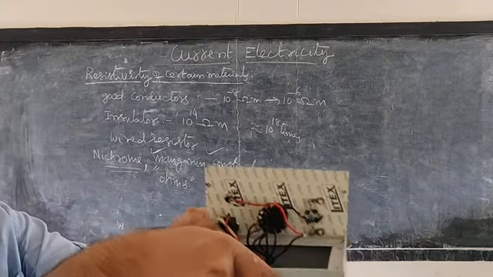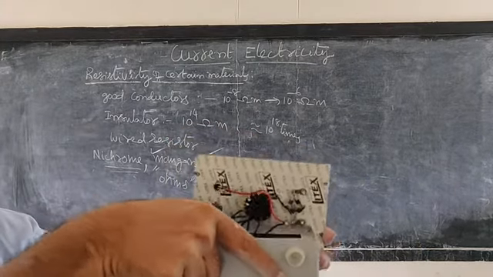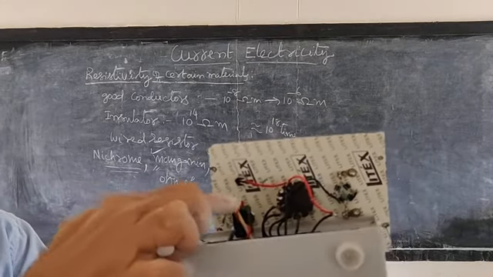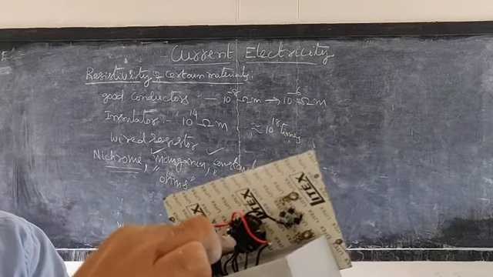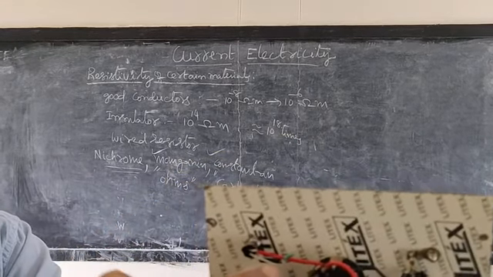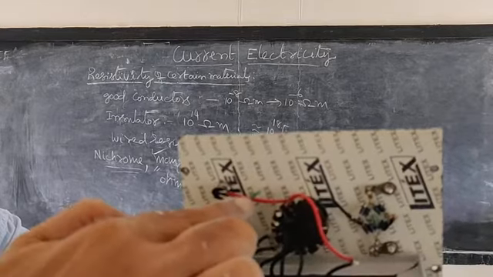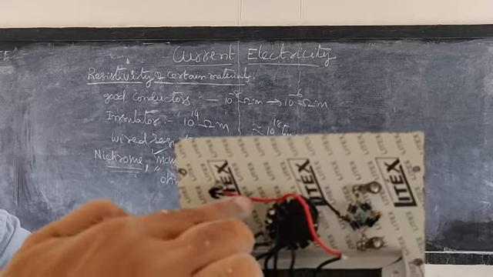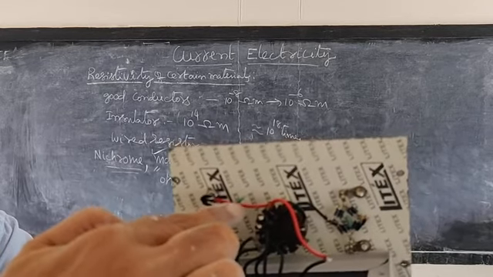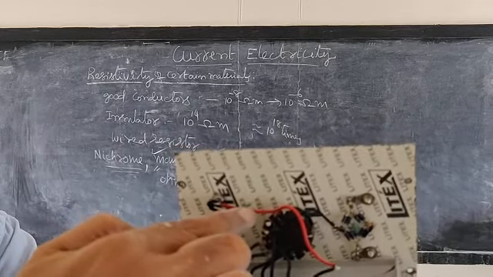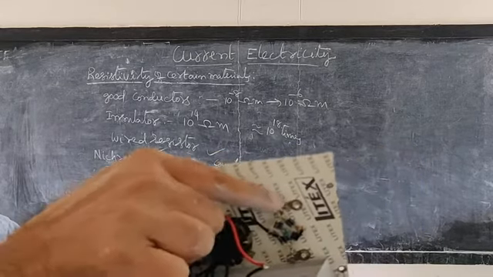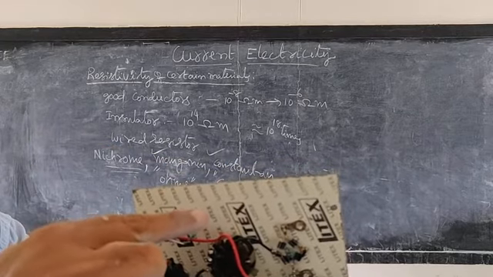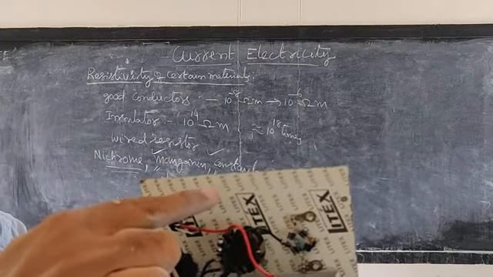I will show you the carbon resistor, and you observe that there are colored rings on them. Since the sizes are very small, the values can be identified with the help of the rings printed on the carbon resistors. Here you can see a resistor. It has a brown ring followed by a dark green ring, then a red ring, then a gold colored ring. Here is another resistor: brown, black, red and gold.